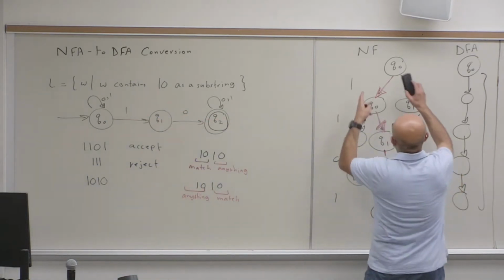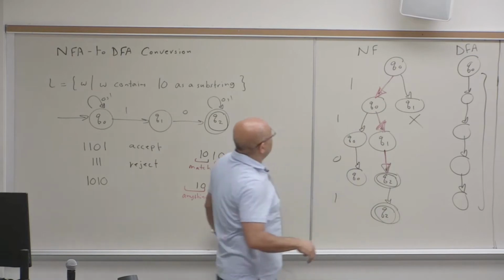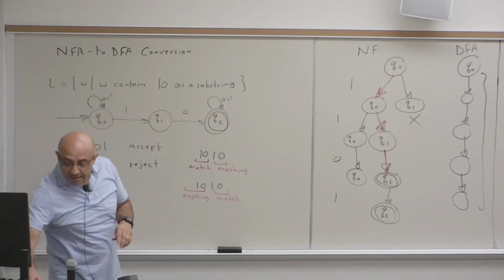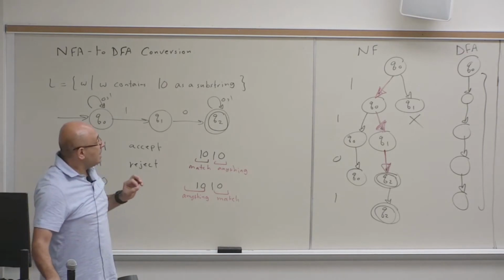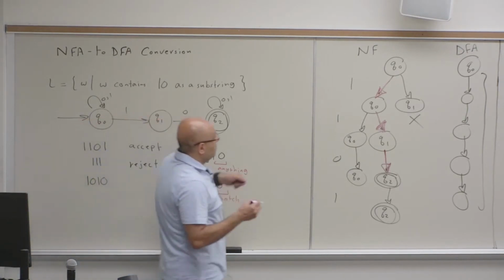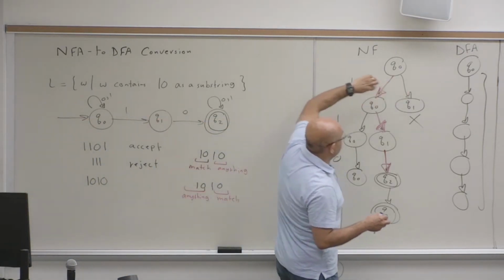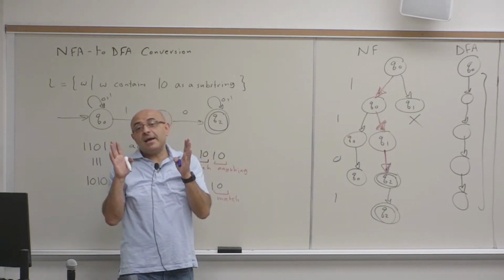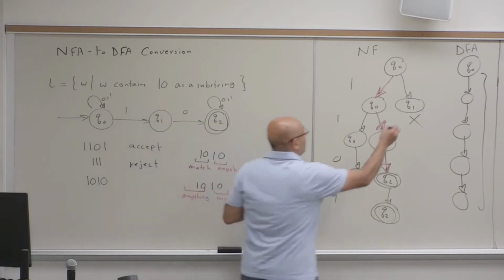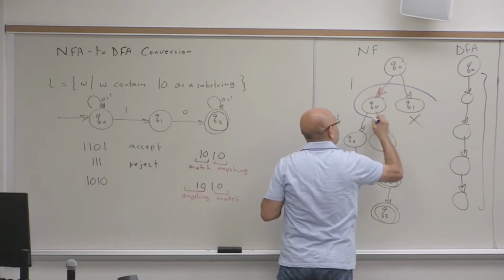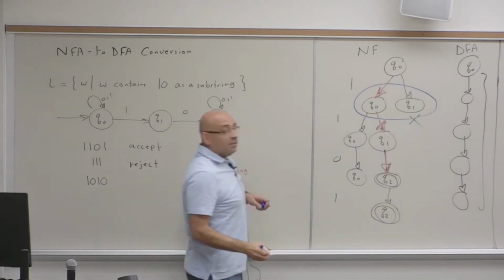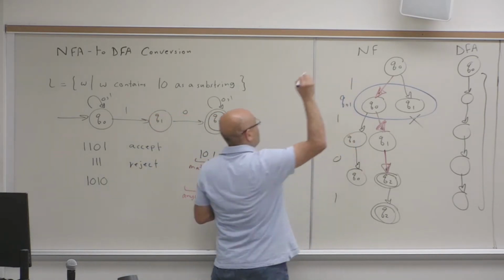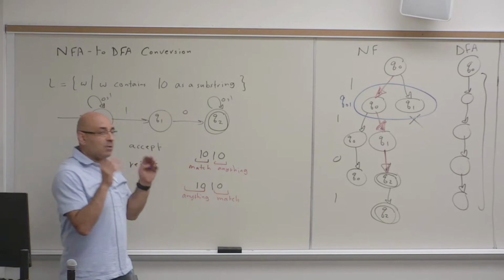Now, in order to make the NFA become a DFA, become deterministic, the key idea is to think of this set of states that we can reach in an NFA as a single state. So define a state that you call Q12 or Q01 here. Think of this as one state.